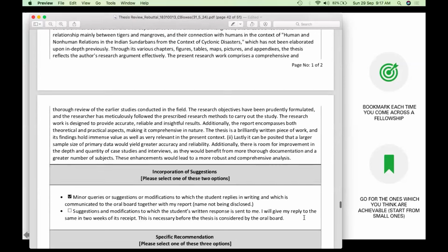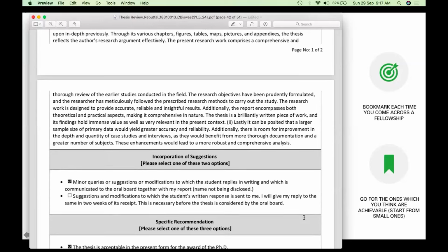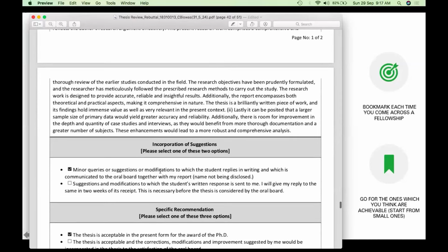There is also incorporation of suggestions. If you see here, minor queries or suggestions are modifications to which the student replies, and it has to be communicated to the oral board. So here what the reviewer is suggesting is minor, minor suggestions that I need to incorporate, and I do not have to reply to this particular reviewer, and I can directly send it to the oral board or the defense committee.